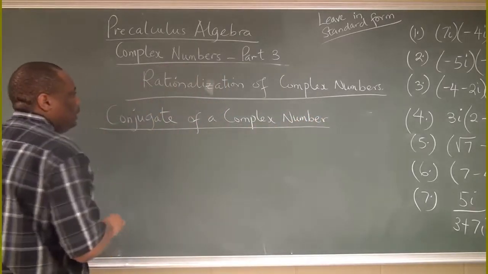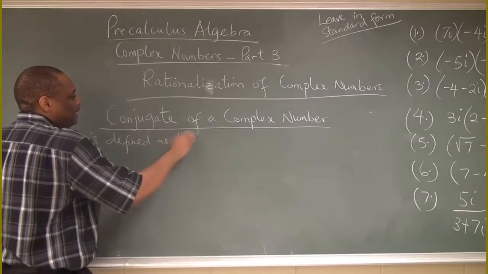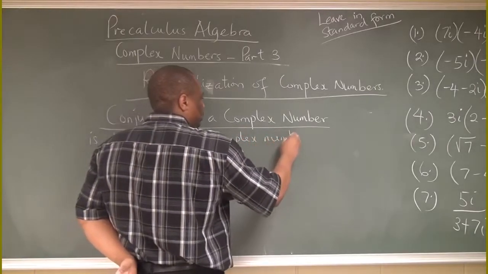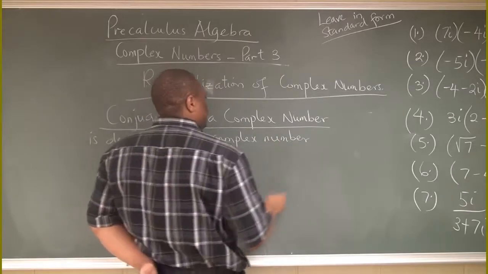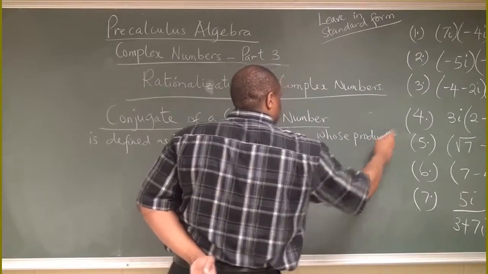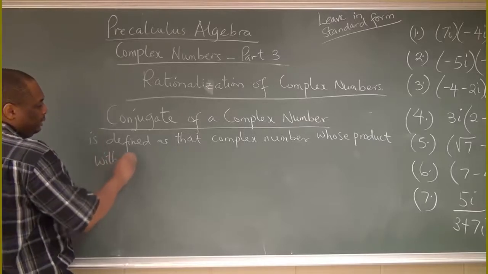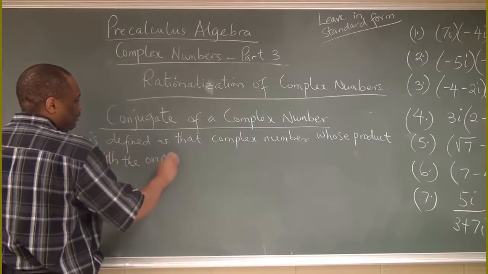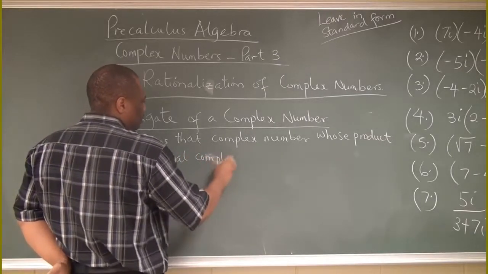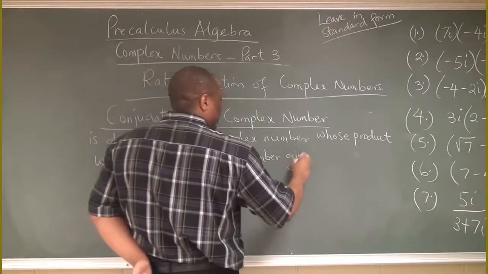This is defined as that complex number whose product with the original complex number gives a real number.